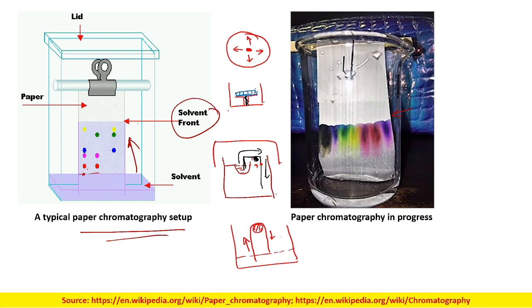This blue color is your paper. Then you will be having solvent over here. If you see, there is a small channel. Through this small channel, solvent will be present within this tubular structure, and this black marking is a wick.